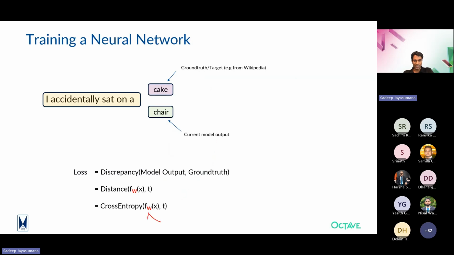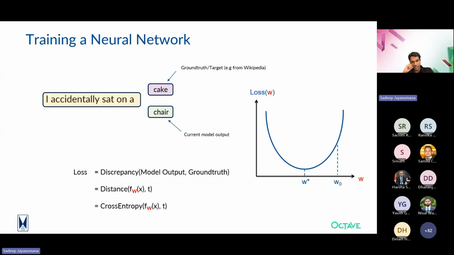And as I was saying, for simplicity, we are going to assume that we have only one knob to turn. So now the question is, how do we turn this knob to minimize this loss? So it's sort of like this. This is the loss function, the y axis here, and W is the knob that I'm going to turn.